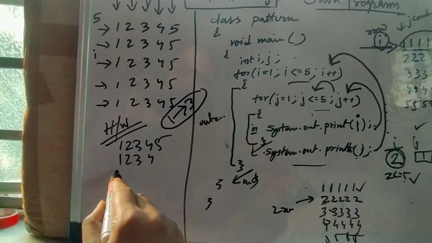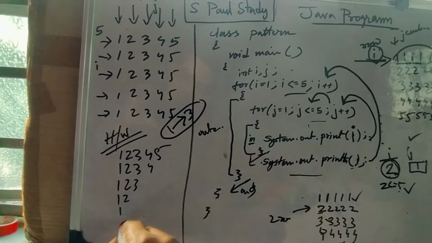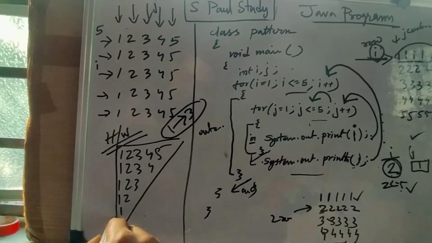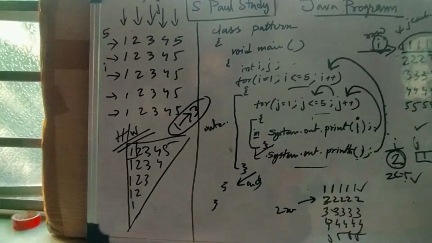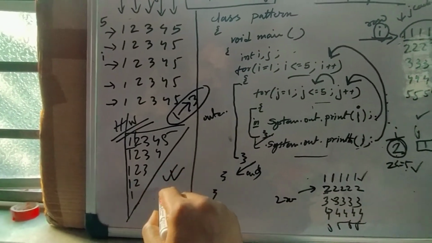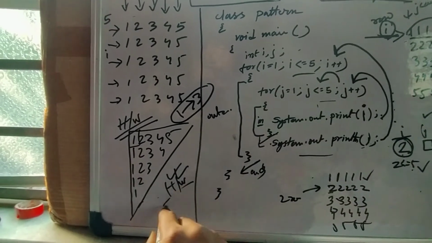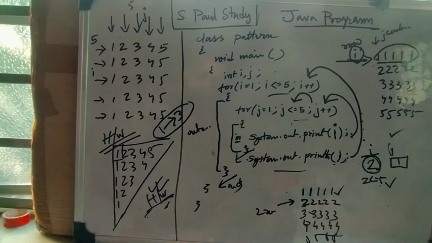Let's do this as homework: an inverted right angle triangle. Comment to me, and if you fail to do this, I will help you.